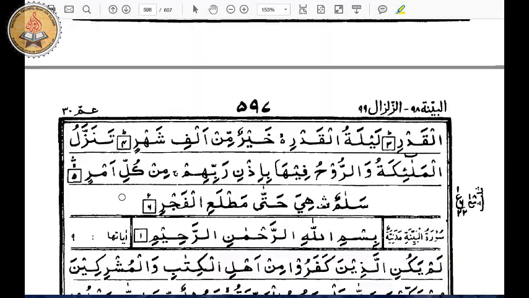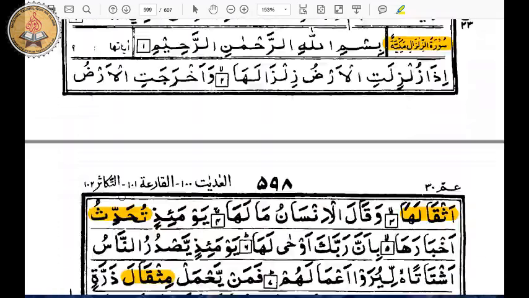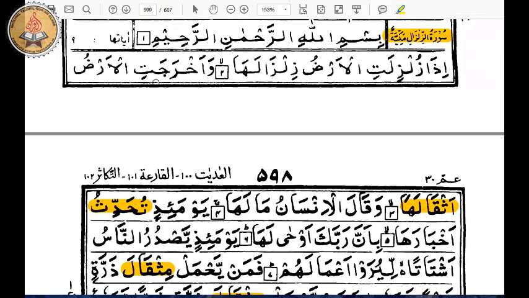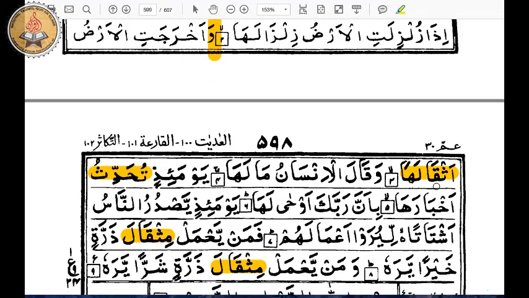We have a few more. Okay, Surah Al-Zilzal. If you can read from here. وأخرجت الأرض أثقالها. So not O, this is fatha on the alif. So read that word again. أثقالها.